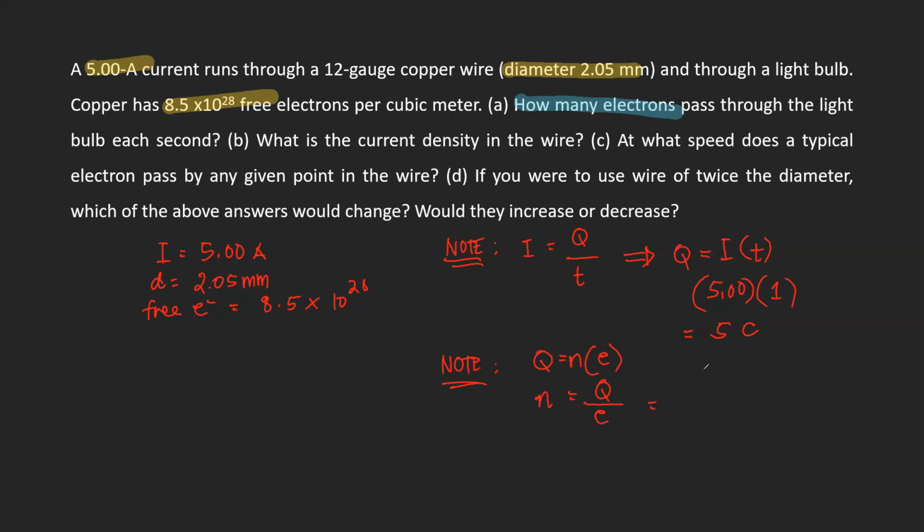Substituting, our Q is 5 C divided by our e, which is, by convention, 1.6 times 10 raised to negative 19. That's the magnitude. After which, we can get 3.125 times 10 raised to 19 electrons.